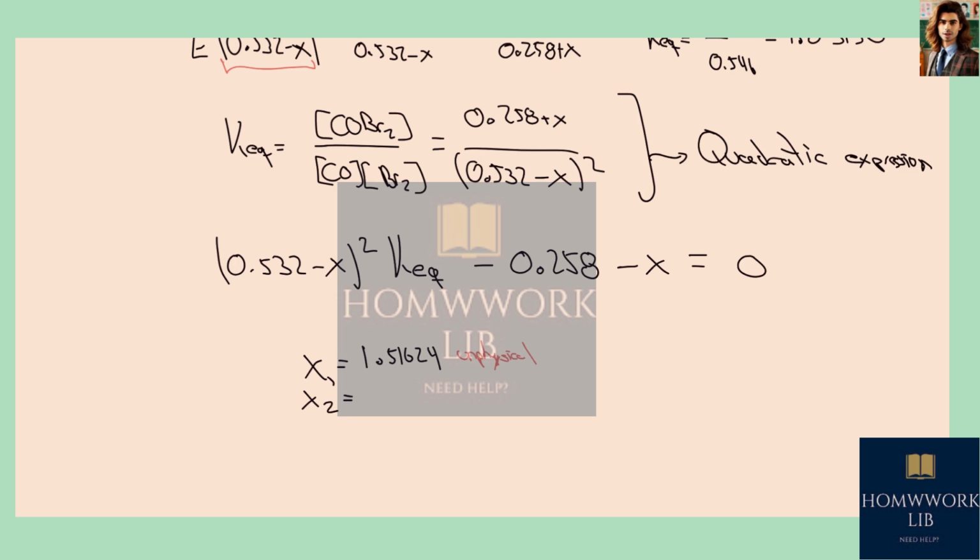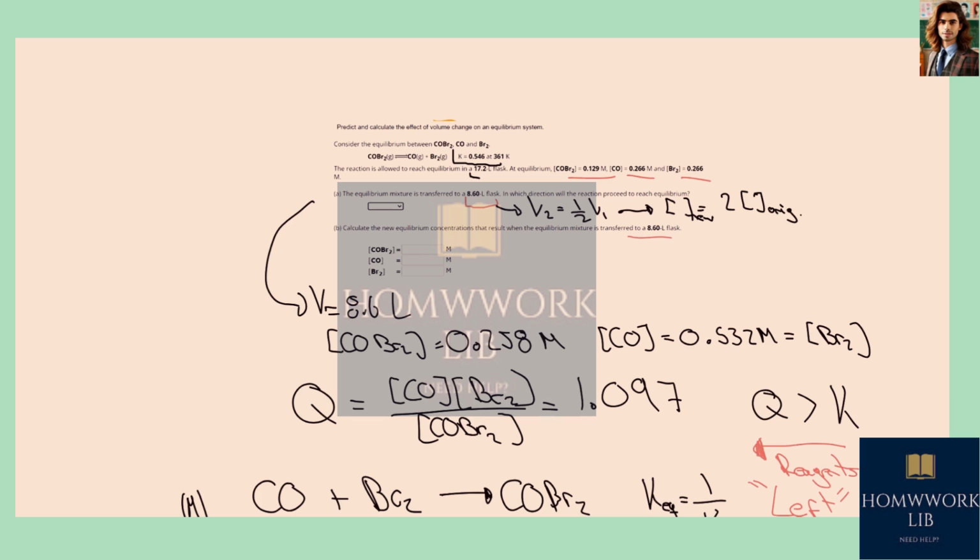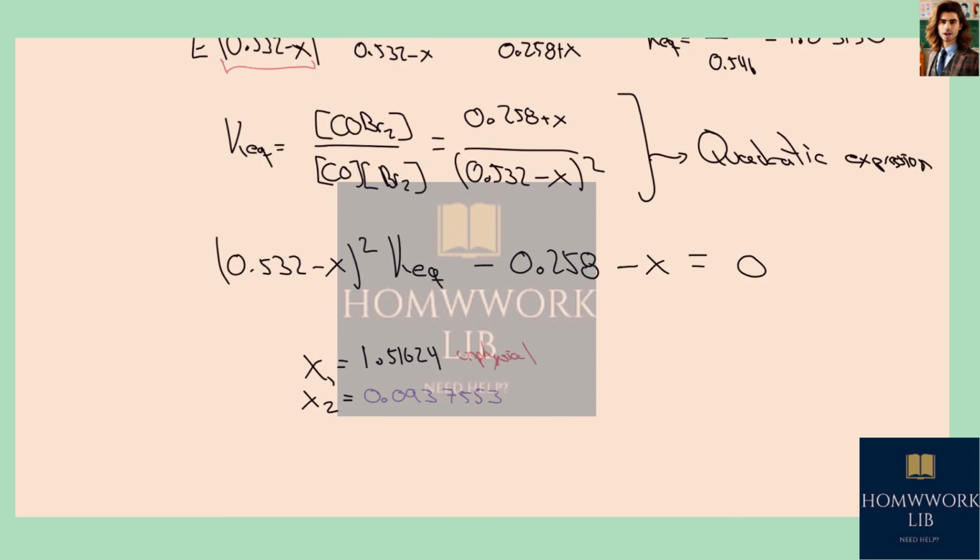And the correct result would be the other solution for this quadratic, which is 0.0937553, taking all of the significant digits. So now in this case, since all of the quantities that are given to us are up to three significant digits, our result should be also up to three significant digits. So we can approximate this as 0.0937.